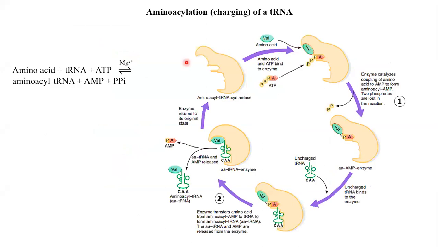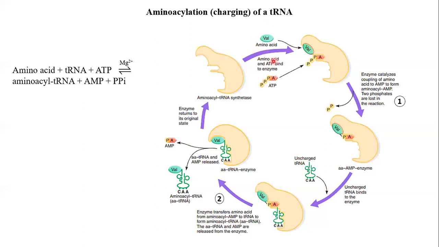Then the actual process of amino acylation. We did this diagram last time. Let's start from here. This is the enzyme, amino acyl transfer RNA synthetase, and all these are the binding sites of the enzyme. First, the amino acid binds.